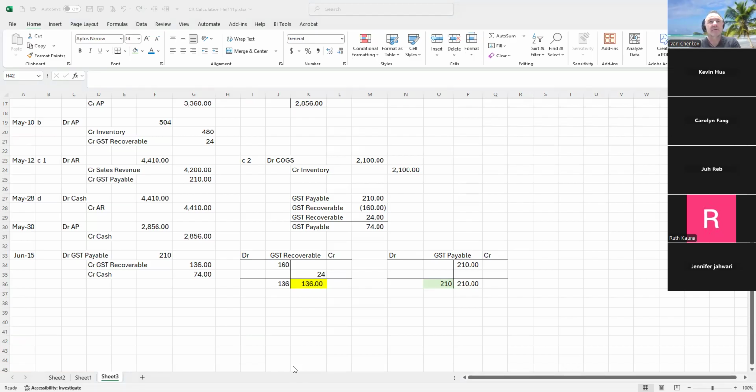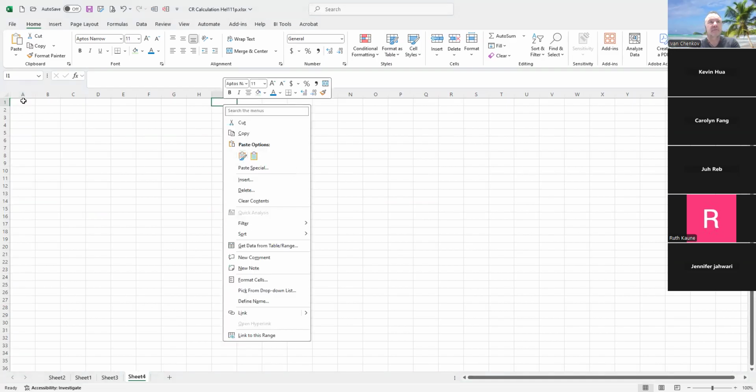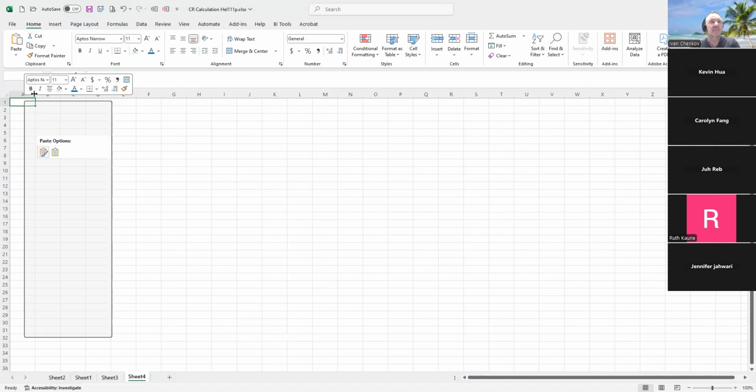The next question that I want us to go over is related to another liability, and that's accrual of the payroll. Let's see if this is going to fit here on our sheet for our purposes.